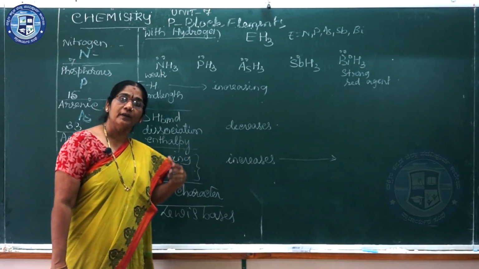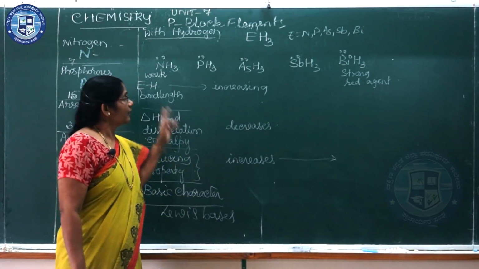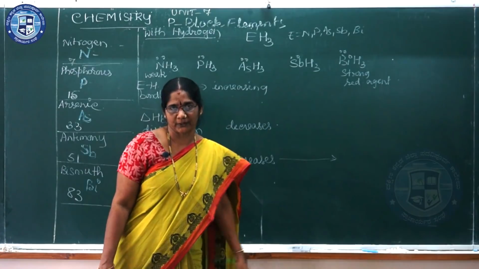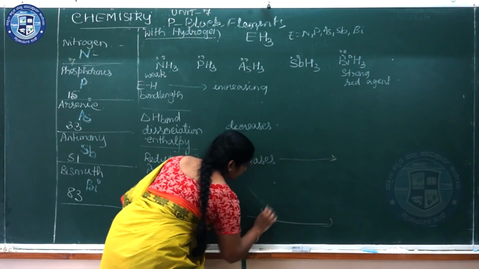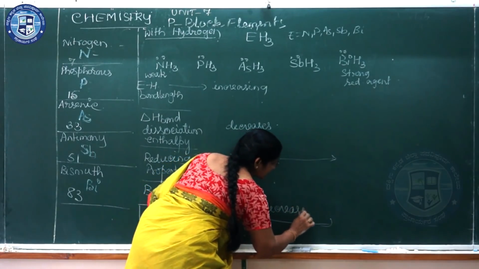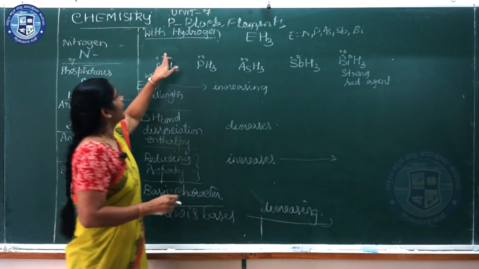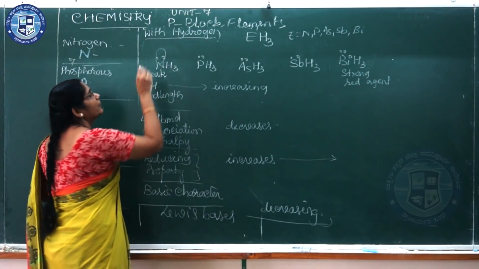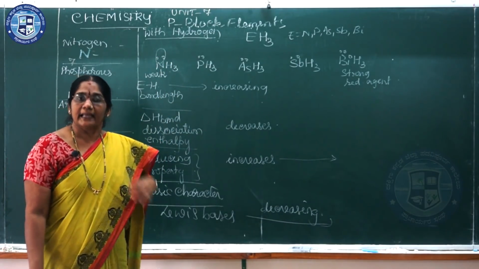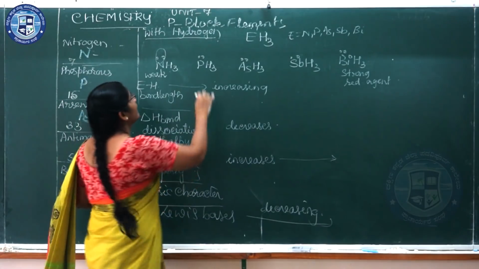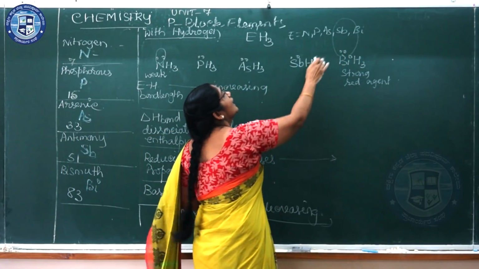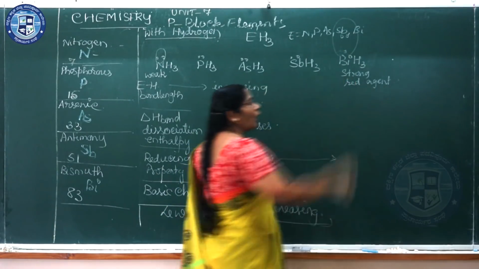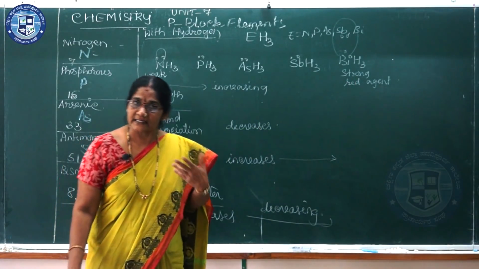But what about the basic nature when you move from ammonia to bismuthine? It goes on decreasing. The reason is this lone pair is present in a small orbital in nitrogen, so the electron density is very high, and when you move down, the lone pair is present in a larger orbital and the electron density is less.